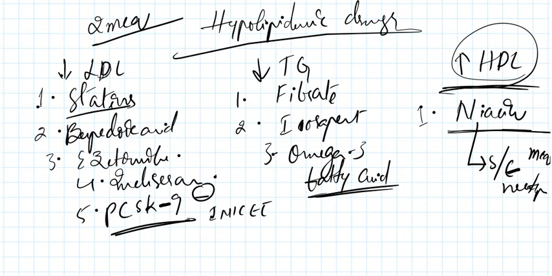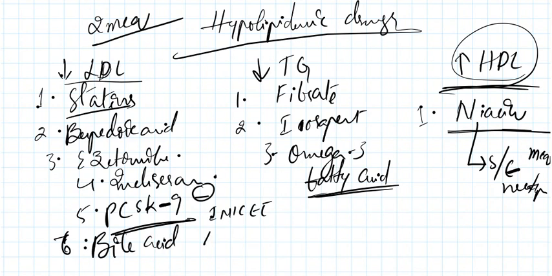Now if you ask me, sir, we just explained this one, but I think you missed something here. Yes, I missed something in this. You have 2 more types of drugs which decrease the LDL. What are those? They are bile acid sequestrants.